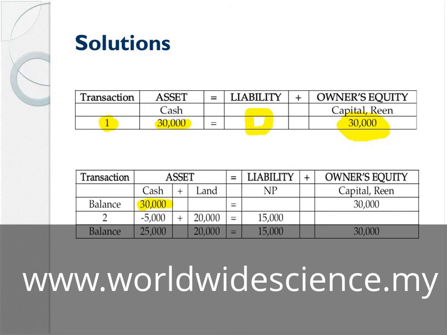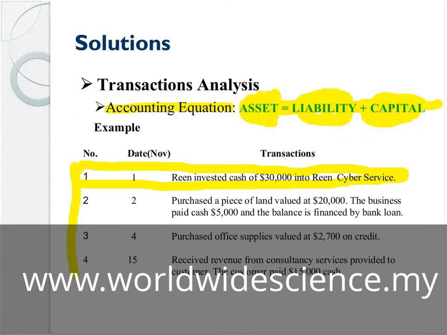And the second transaction shows us minus 5,000 plus 20,000. What does that mean? So let's go back. The second transaction, they purchased a piece of land valued at 20,000. So the man purchased land which costs 20,000, right?